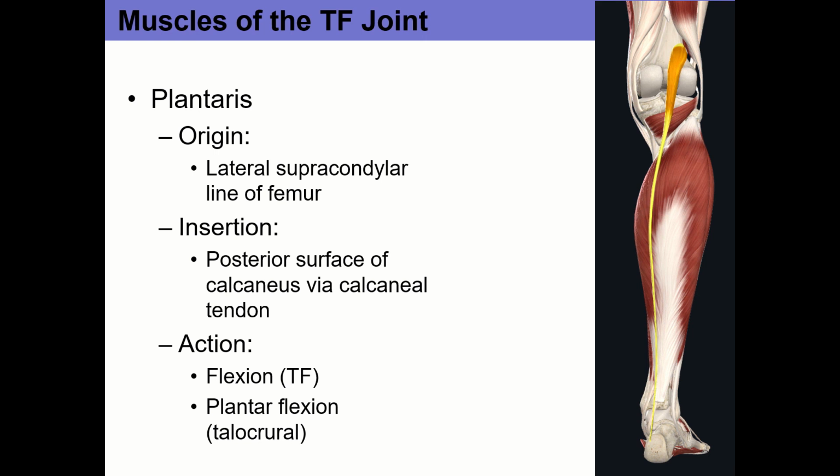And so it is a knee flexor. Pretty weak one, because you can see its tiny little belly. It doesn't do much. In terms of saying it has a tiny belly, there's not a lot of actin and myosin there, right? There's not a lot of cross-sectional area, so it's a weak muscle. So it is a knee flexor and plantar flexor, pretty weak at both. And we'll talk about it more with the ankle. And then that's it. So those are the knee muscles. So again, not too many new ones.